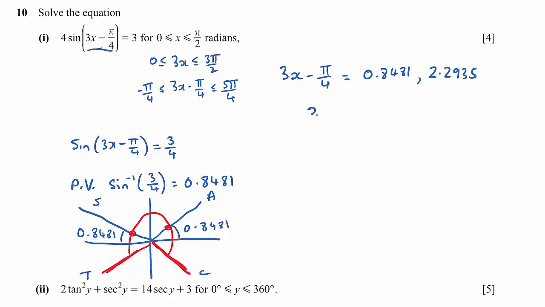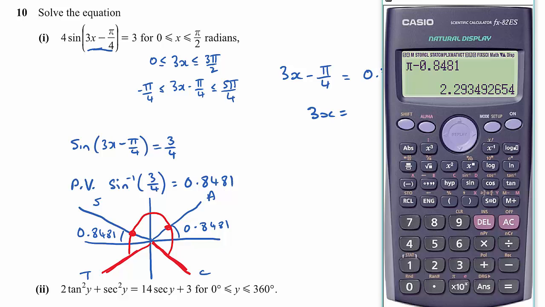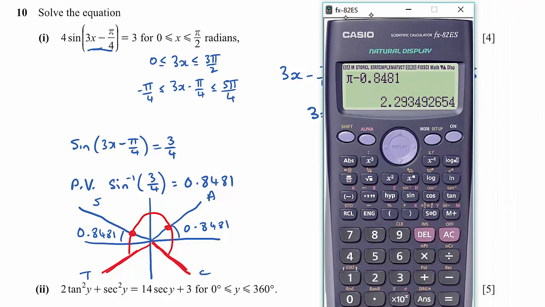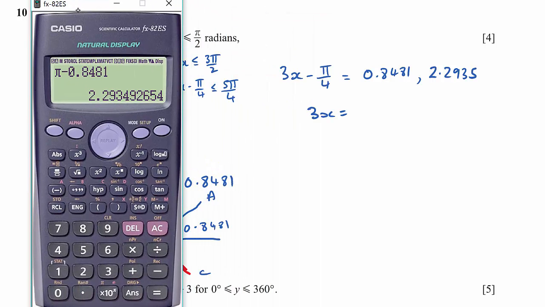Okay, so for 3x we now just need to add pi by 4 to each of those solutions. Let's just bring the calculator over here.